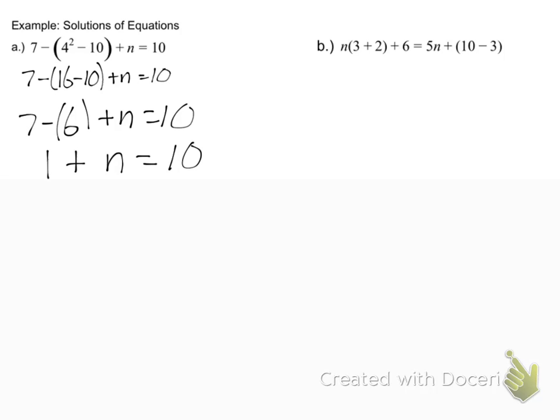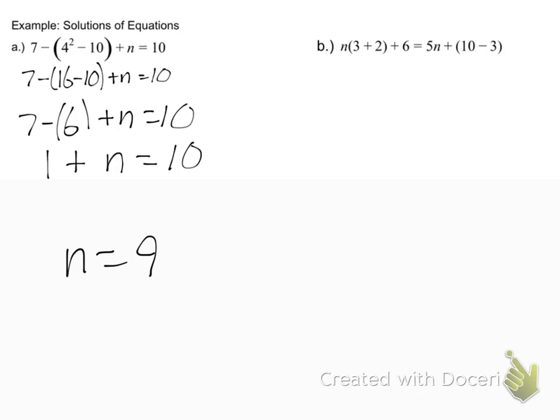This is where we stop. Now, if I was in a next lesson or two, I would say subtract 1 from both sides. Because what you do to one side, you have to do to the other. We're not there yet. Right now, we're using our intuition that says 1 plus what number will equal 10? The answer is 9. N equals 9, and if you ask yourself, n is 9 in, and you will find that it does work.